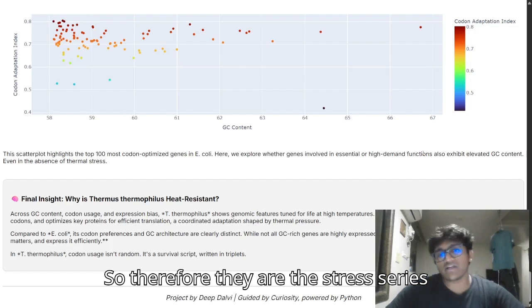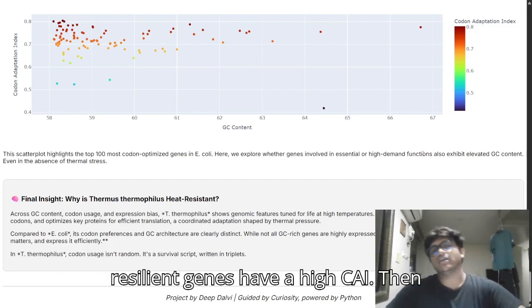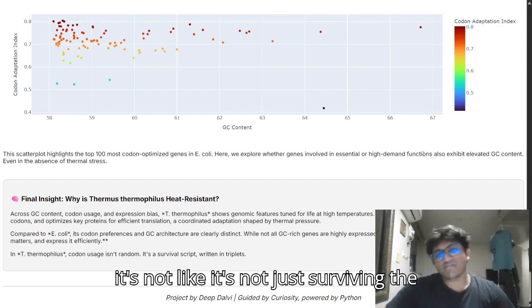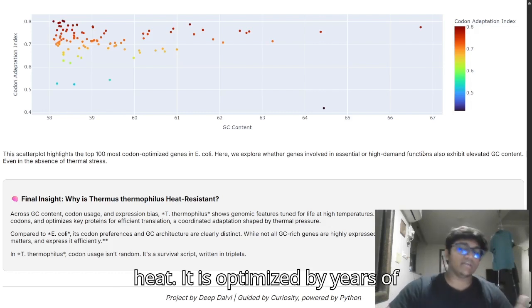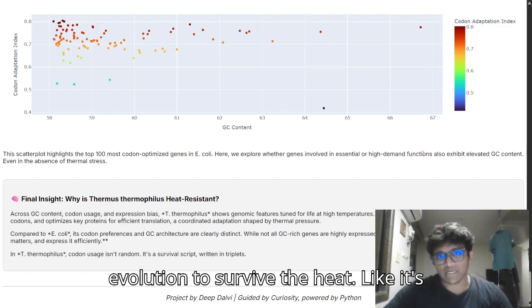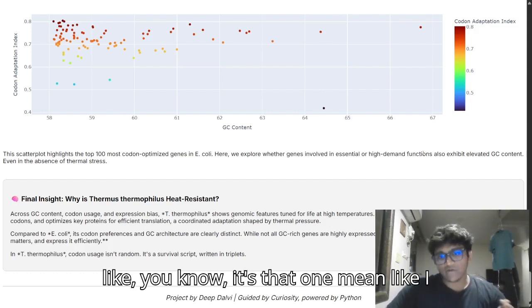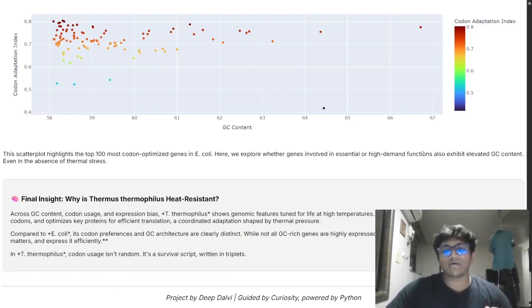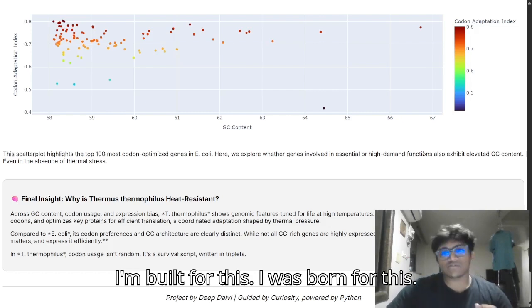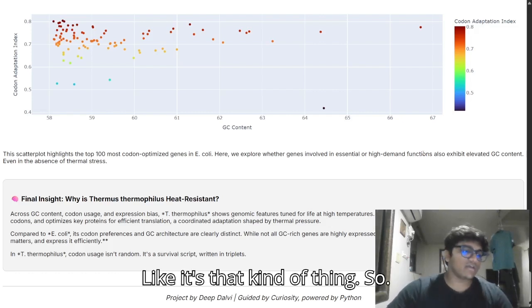So the stress resilient genes have a high CAI. It's not just surviving the heat; it is optimized by years of evolution to survive the heat. It's like that one meme: I'm built for this. I was born for this. It's that kind of thing.